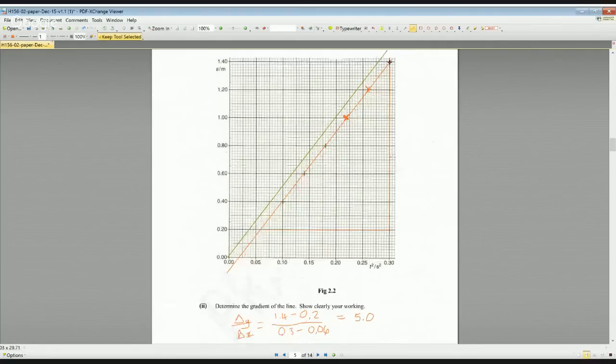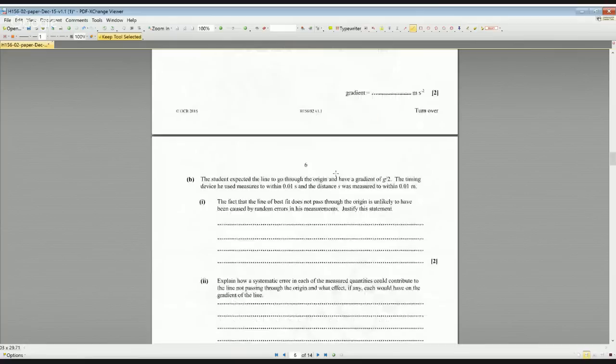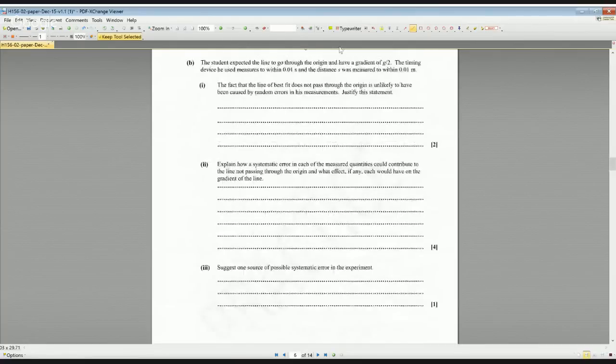So that's our first bit of reasoning we can say there. So all of our points are lower than the theoretical line of best fit, not distributed randomly around it.